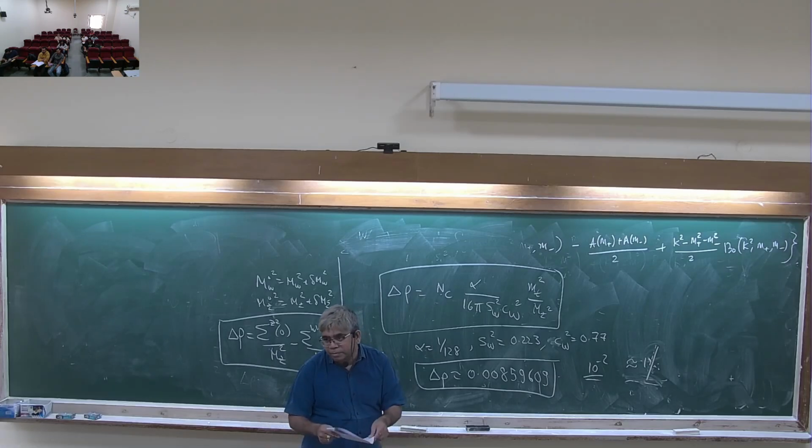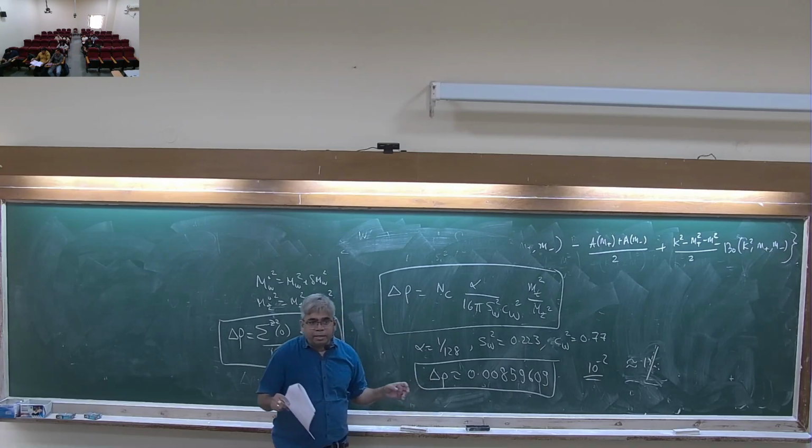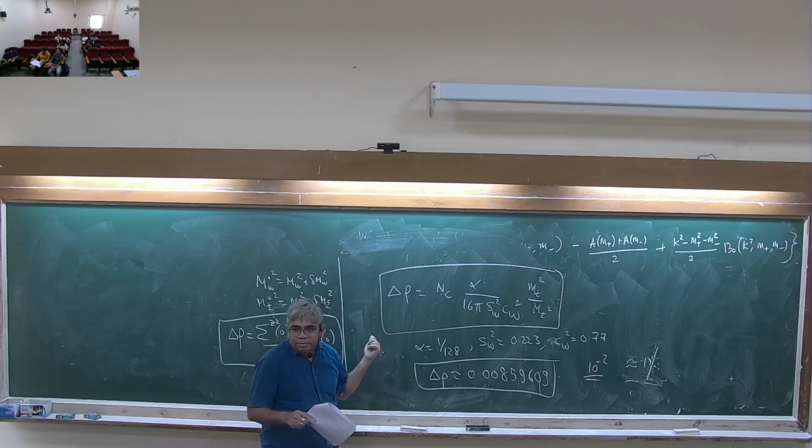I thought I'll finish it today, but this itself took a long time because I wanted to introduce one thing. It need not be strongly coupled; weakly coupled theories like just adding a single extra Higgs doublet will create a problem for the rho parameter.